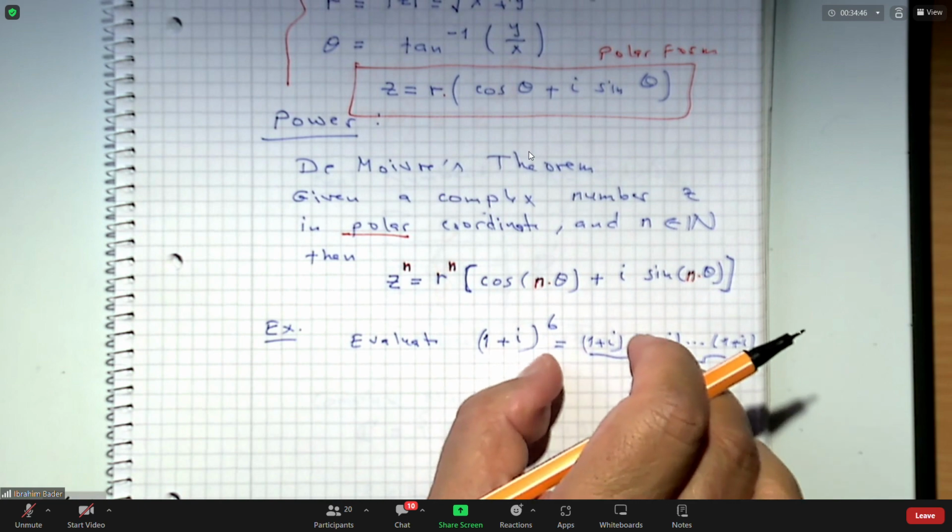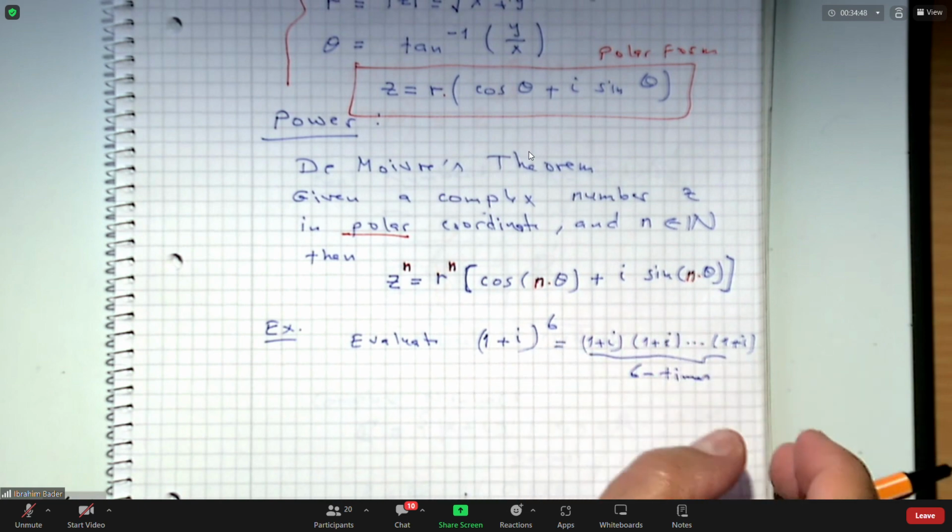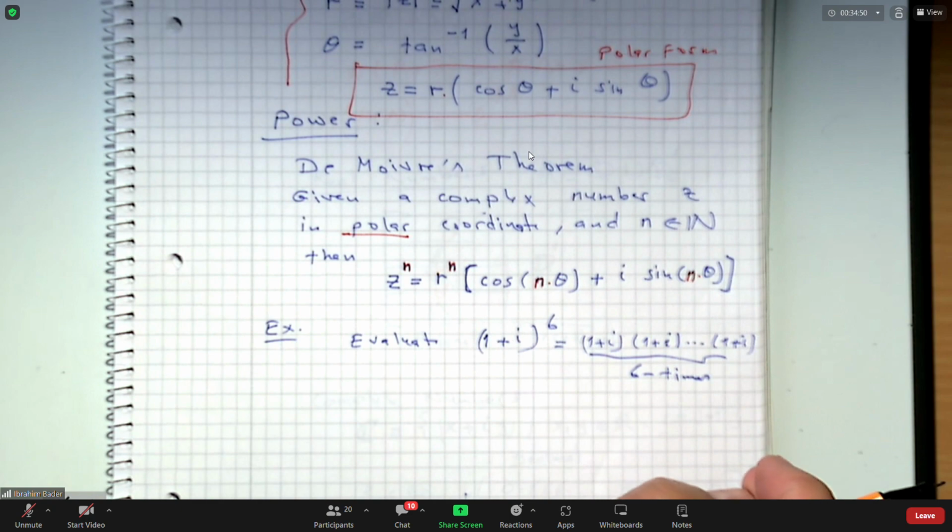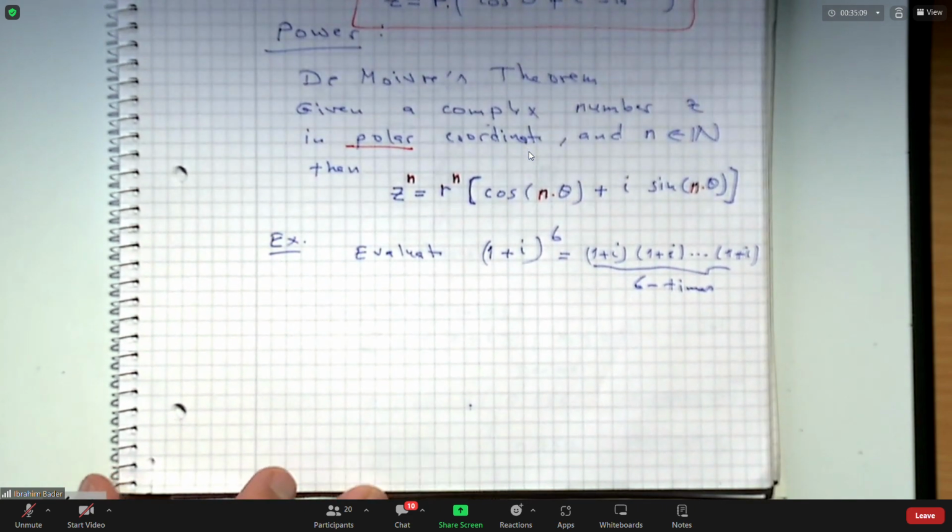You could multiply two, and then multiply the result, and so on. But this is a tedious procedure, especially if you have to multiply even more often than 6 times. So that's why using this theorem is very simple.